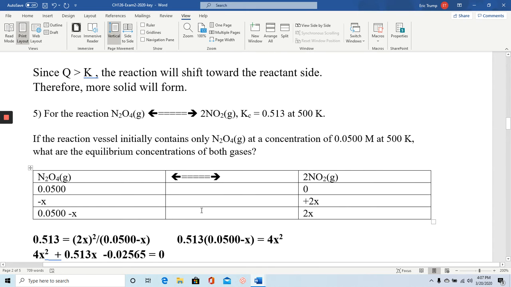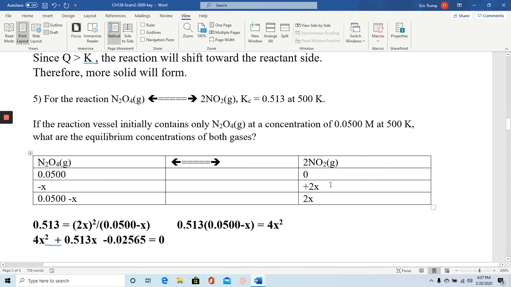Question number 5. We have a reaction vessel that initially contains only N2O4 gas. We set up our ice chart. We have no NO2 at the beginning. It increases by 2x. N2O4 decreases by x.